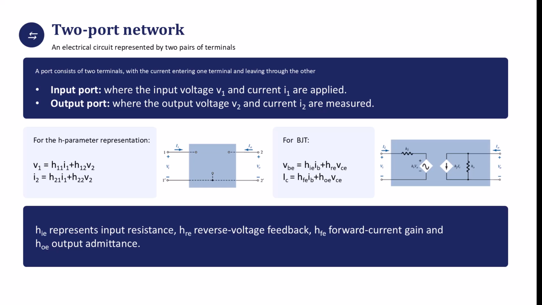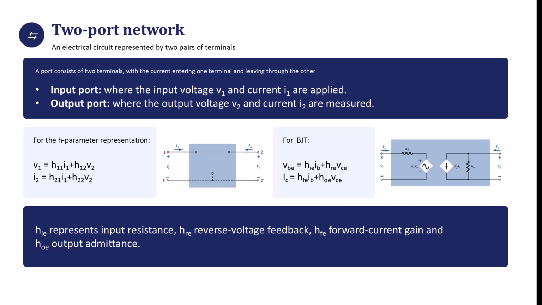The output port is where the output voltage V2 and current I2 are measured. For the general h-parameter representation, V1 equals H11 times I1 plus H12 times V2, and I2 equals H21 times I1 plus H22 times V2.